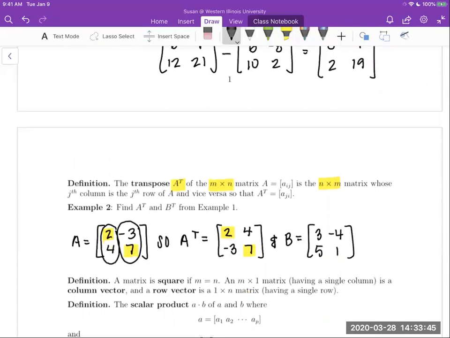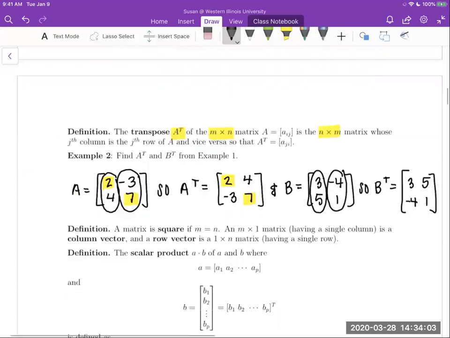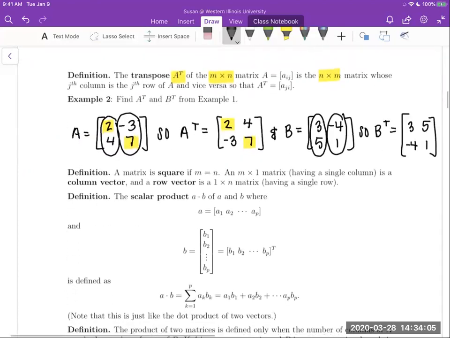And then let's find its transpose. So the column 3, 5 becomes the row 3, 5, and the column negative 4, 1 becomes the row negative 4, 1, and there is our transpose. All right, so those are matrix transposes.